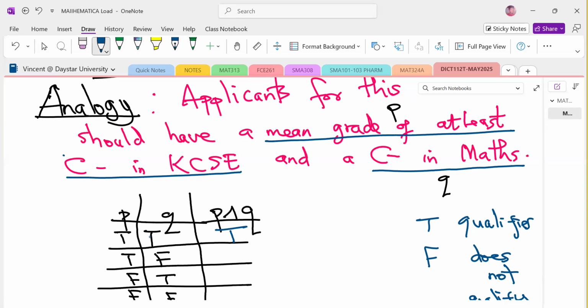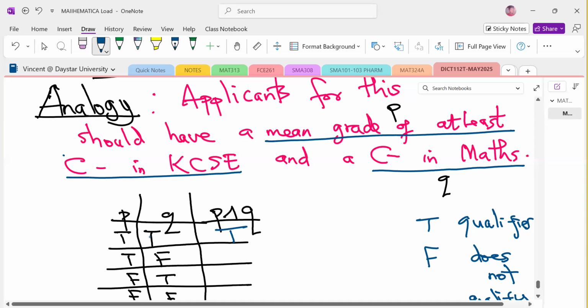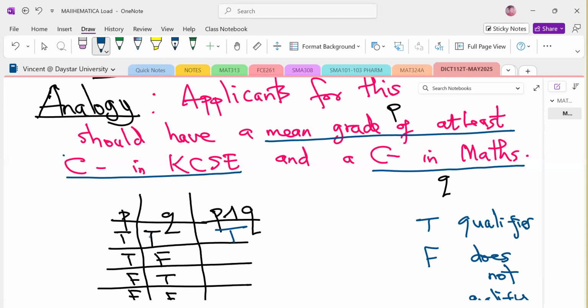The second line means the student has a mean grade of C minus in KCSE and does not have a C minus in math. According to this course application, the student should have a mean grade of C minus in KCSE and a C minus in math. Do they qualify for the course? They don't qualify. So therefore we put here F.